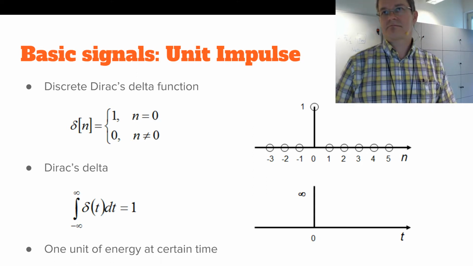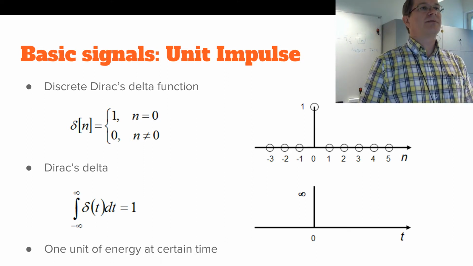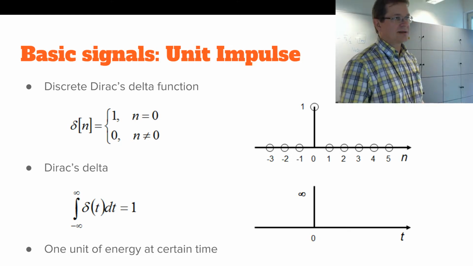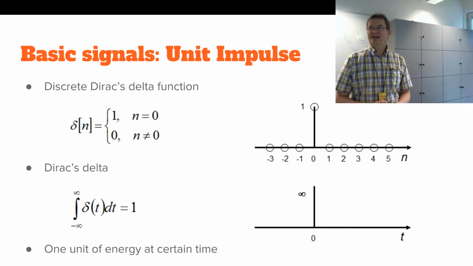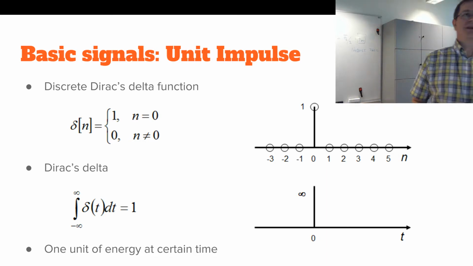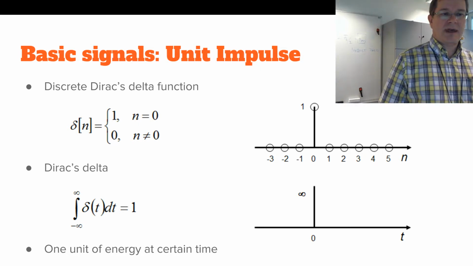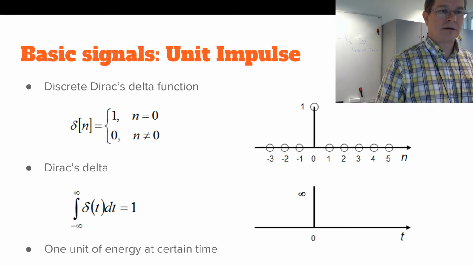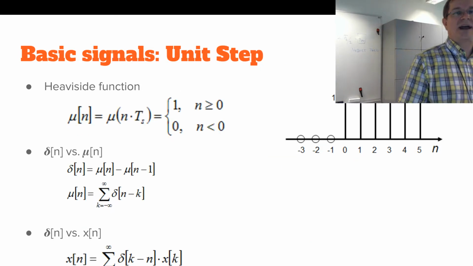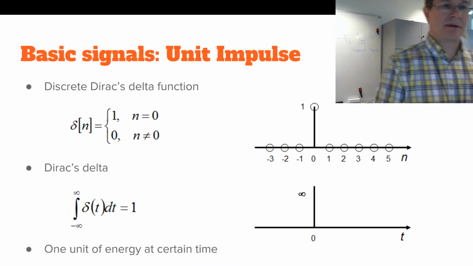Basically it gives 1 unit of energy at a certain time, just like the continuous time Dirac's delta function gives you 1 unit of energy at a certain time. I'm actually showing the unit impulse.